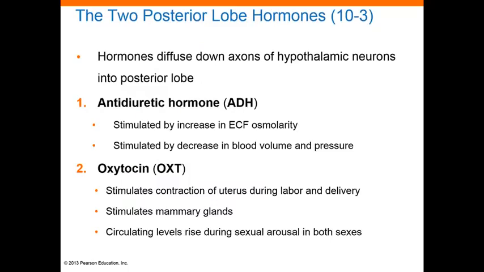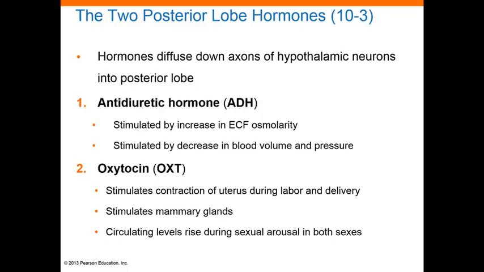The posterior lobe of the pituitary gland contains axons from two different groups of hypothalamic neurons. One group synthesizes antidiuretic hormone, ADH, and the other oxytocin, or OXT. These products are transported within the axons along the infundibulum to the posterior lobe.